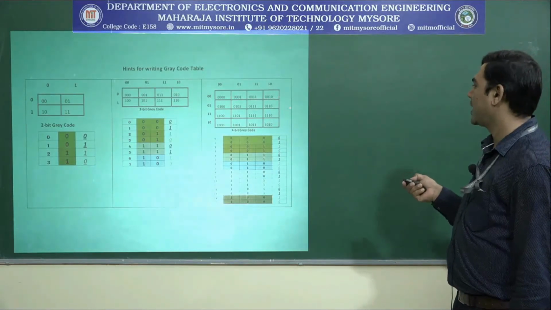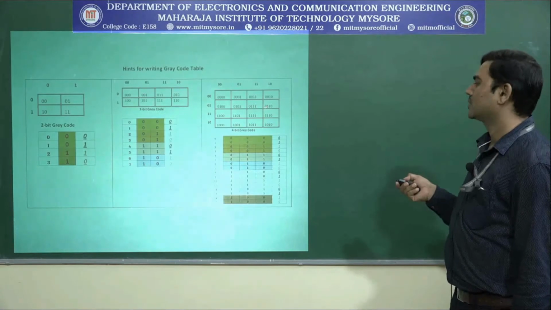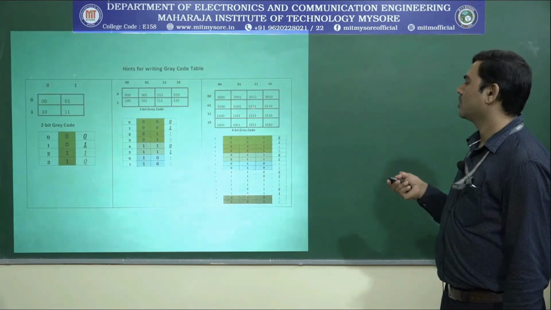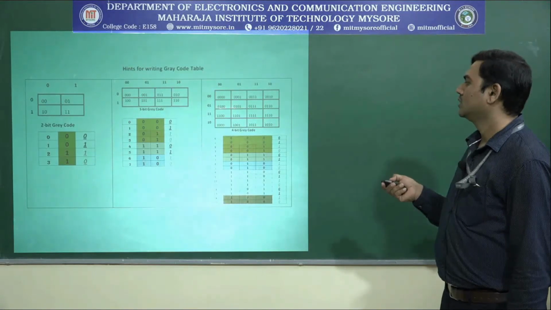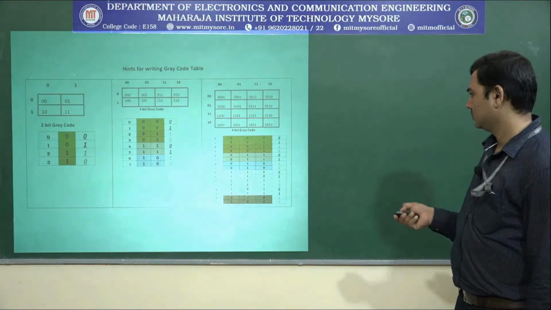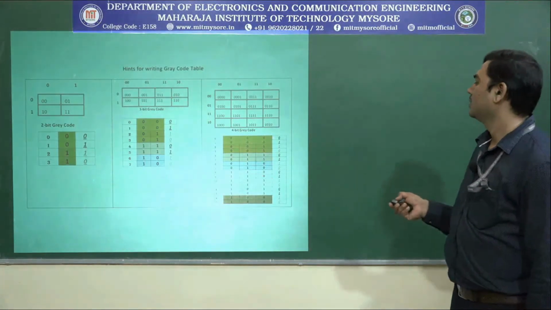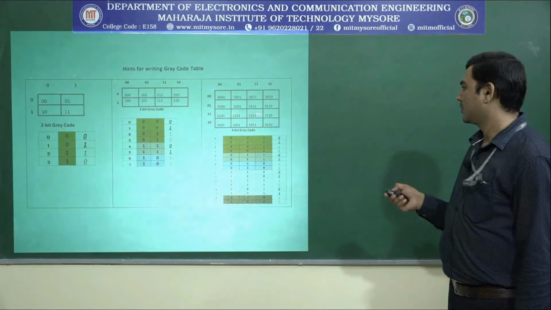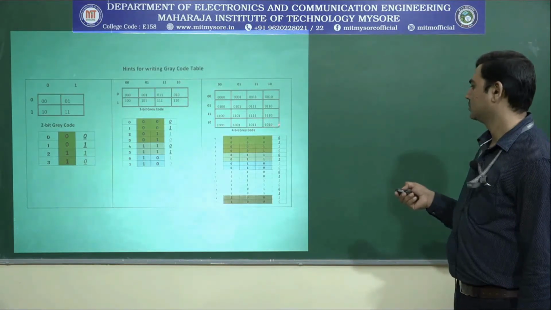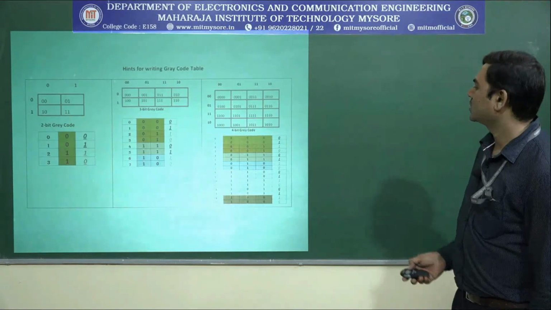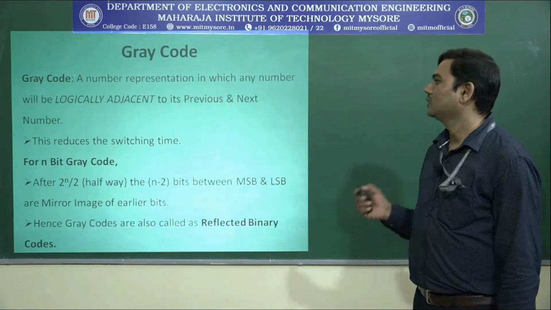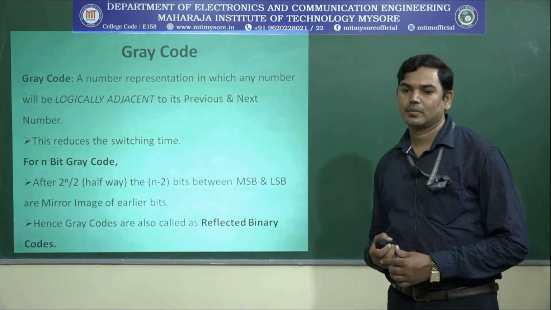After reaching this point, again you need to traverse in the reverse direction, 0 1 1 0, 0 1 1 1, 0 1 0 1, 0 1 0 0. So, you can see that is here. And after reaching this point, again you need to come in this direction. So, that is how we are going to write the gray code.